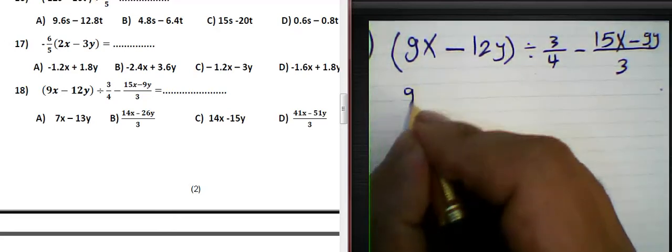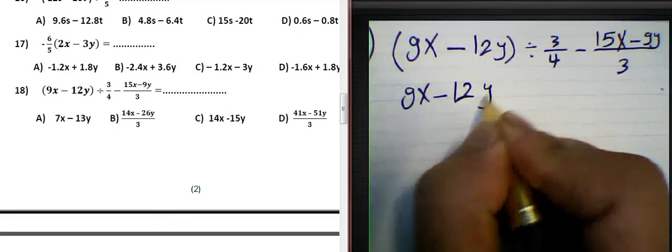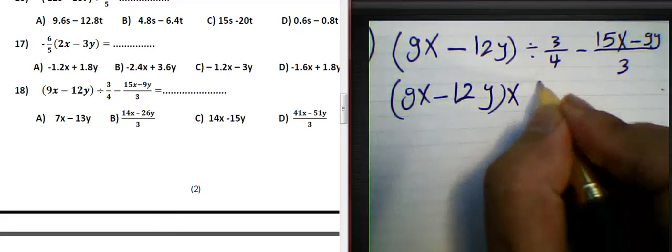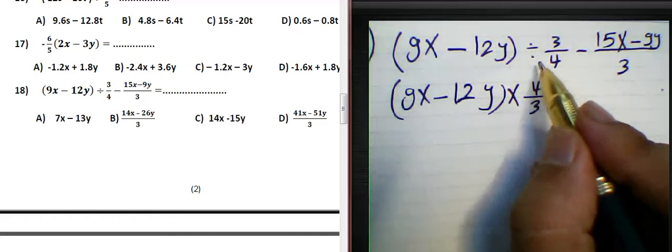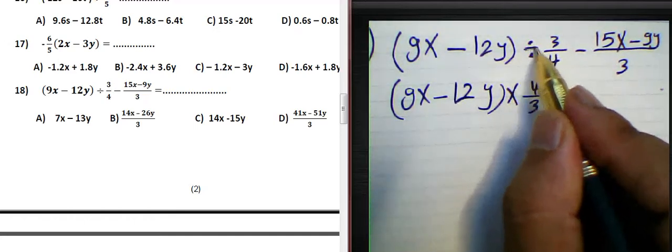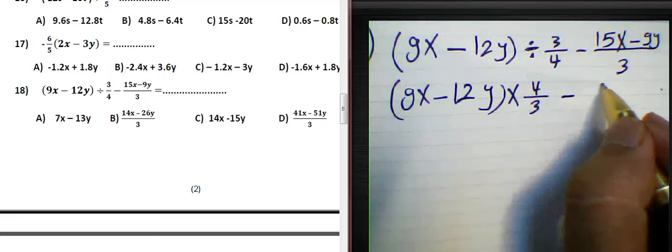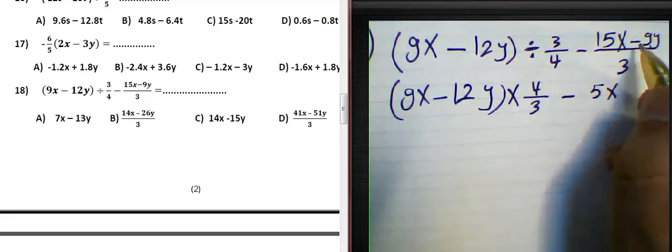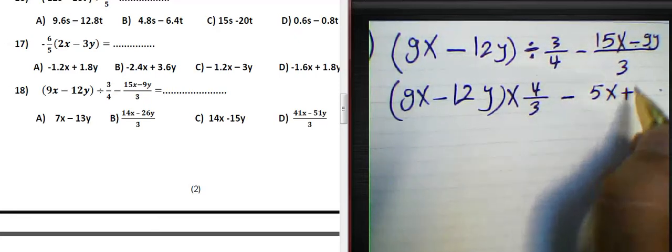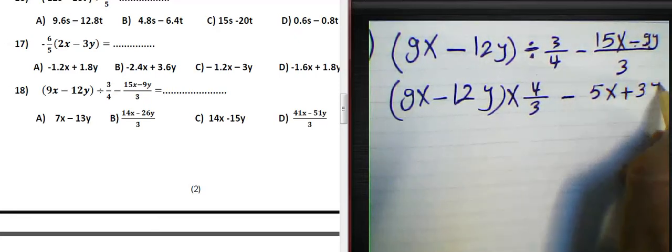Look with me. 9x minus 12y multiplication 4 over 3. We can convert the division sign to multiplication. And 15 divided by 3 equals 5x. Negative times negative equals positive. 9 divided by 3 equals 3y.